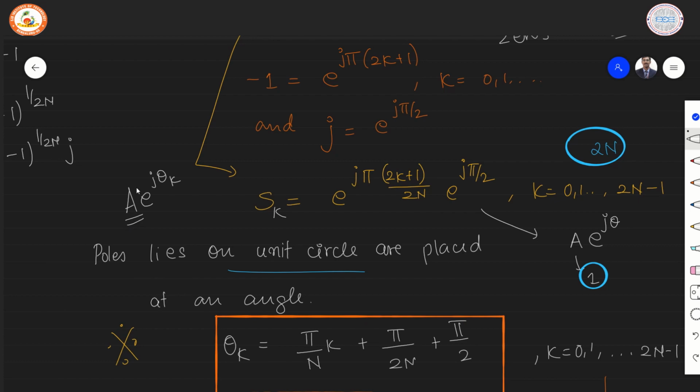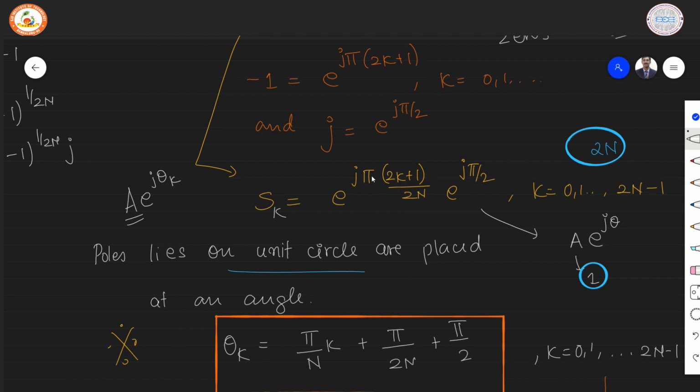The amplitude we already showed to be 1. Theta k will be the quantity which is there beside j. So we have to inspect this equation and find out what theta is. So theta k here will be 2k by 2n multiplied by pi. 2 cancels and you get pi k by n.